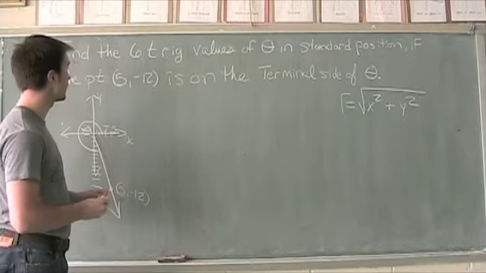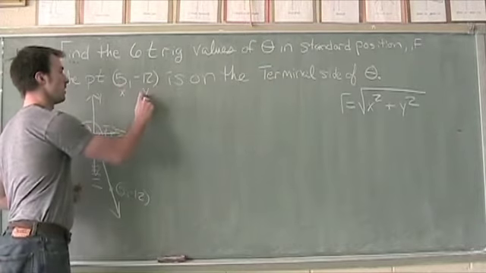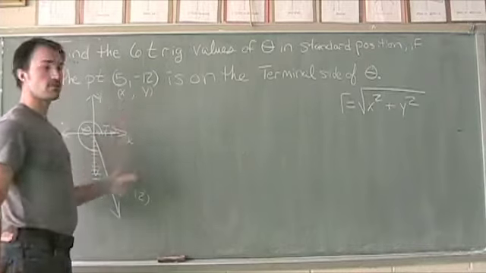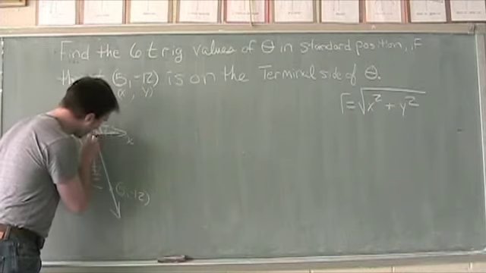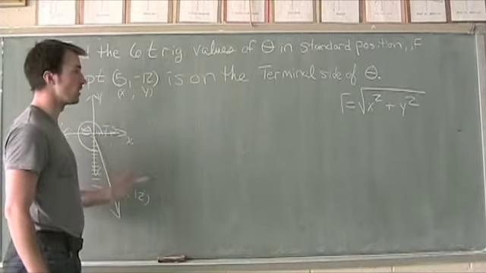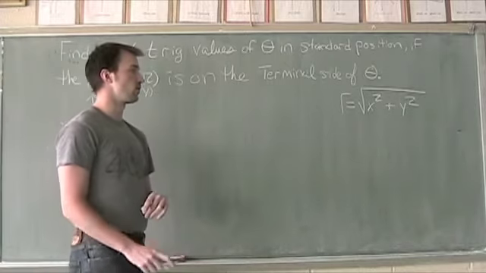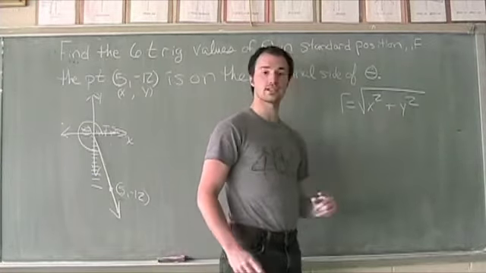So for us to find our 6 trig values, here we have again x, y, and we need to find r, that value that goes from our origin to the point 5, negative 12. So, as we see in our formula over here, r is equal to the square root of x squared plus y squared.